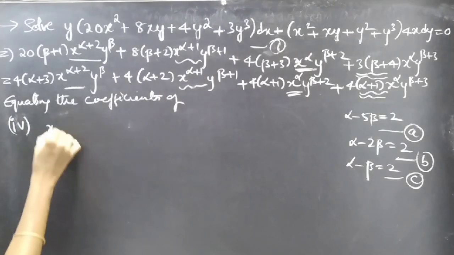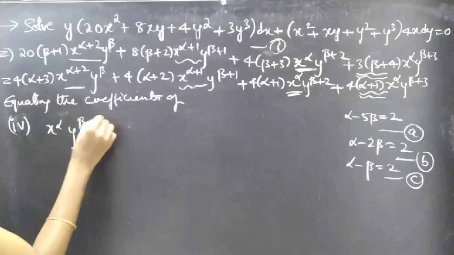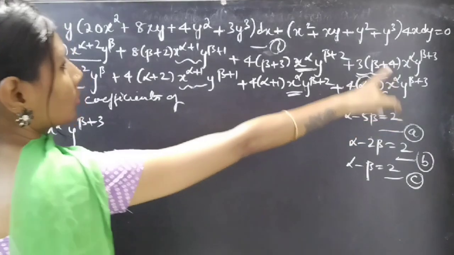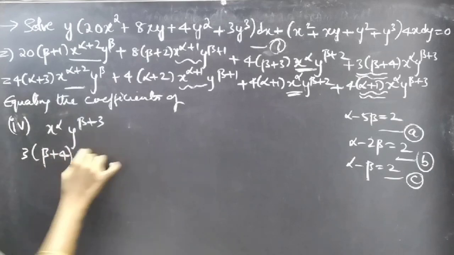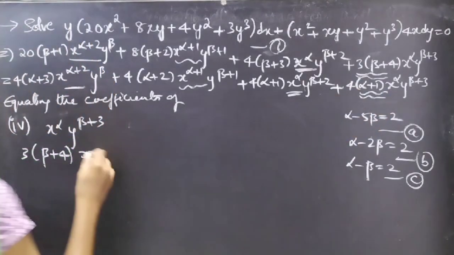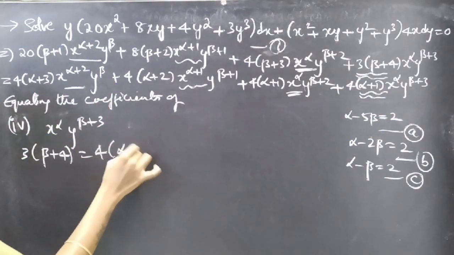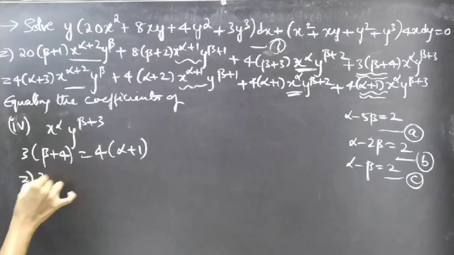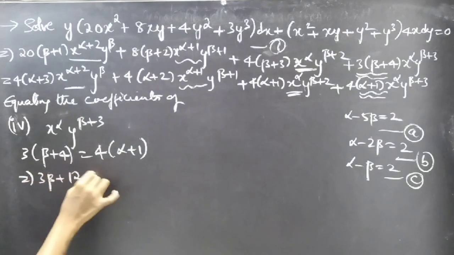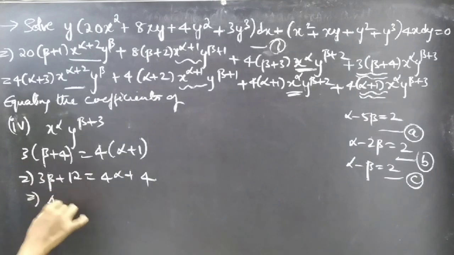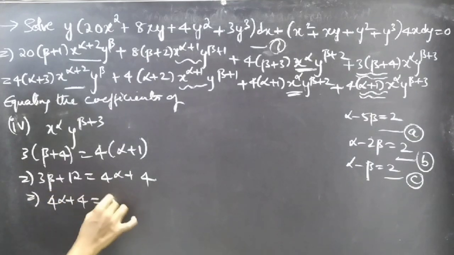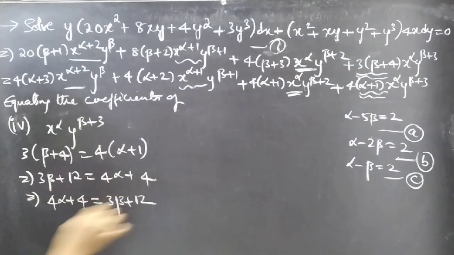Now equating the equations of x power alpha, y power beta plus 3, which gives 3 times beta plus 4 equal to 4 times alpha plus 1. You can write this as 3 beta plus 3 fours are 12 equal to 4 alpha plus 4 ones are 4, or 4 alpha plus 4 equal to 3 beta plus 12.